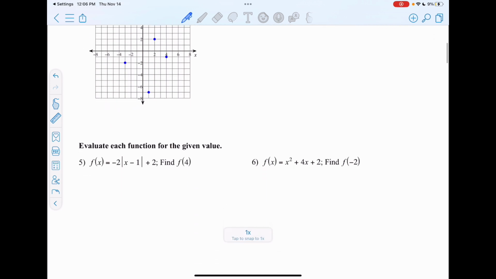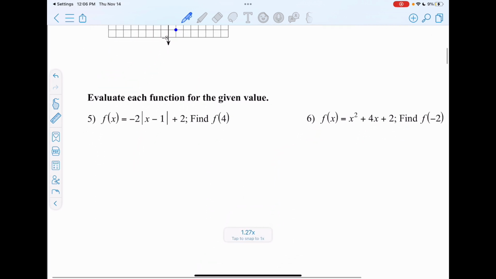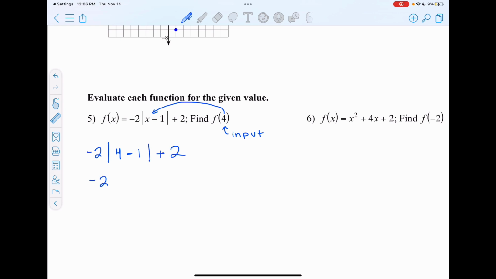Now let's talk about function notation. If the value is inside the parentheses, that means it's an input, and we need to input it in for x in our equation. So I have -2. Instead of x, I'm going to say 4 minus 1 plus 2. 4 minus 1 is 3.